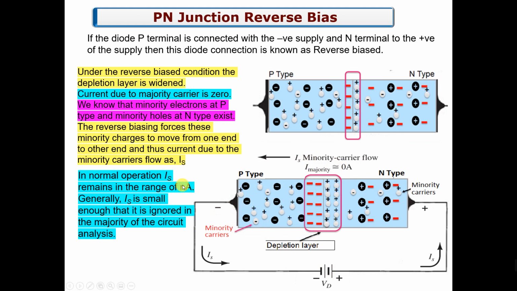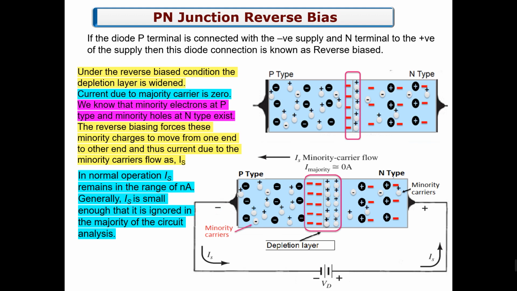It can be in the range of milliamperes if the diode is used for power purposes, for very high voltage and very high current flow, or the diode itself is very big. But generally it is in the range of microamperes or nanoamperes.